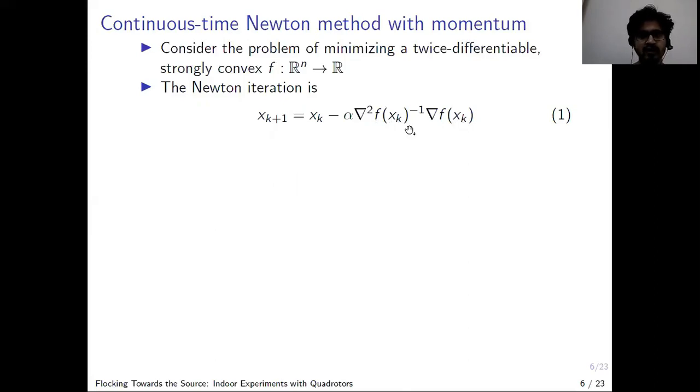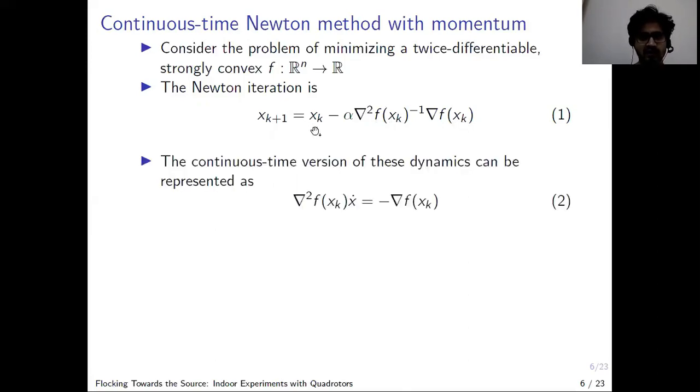Now we can write an analogous continuous time version of these dynamics as shown in 2, where we can see that if we now Euler discretize the dynamics in 2 with a step size of alpha, we obtain the dynamics in 1.